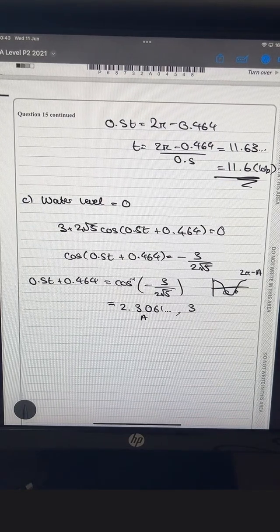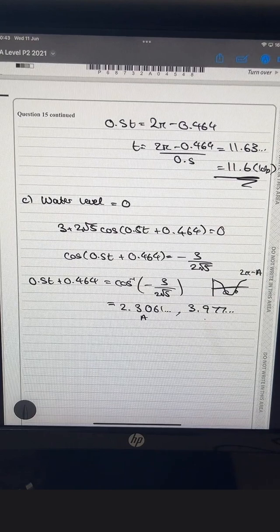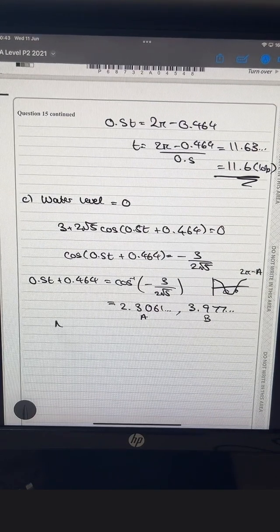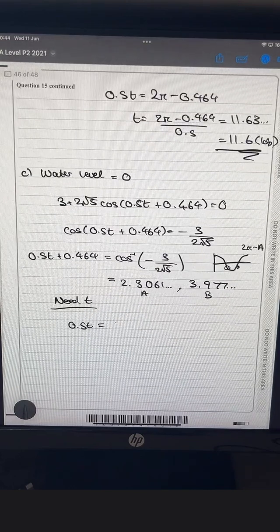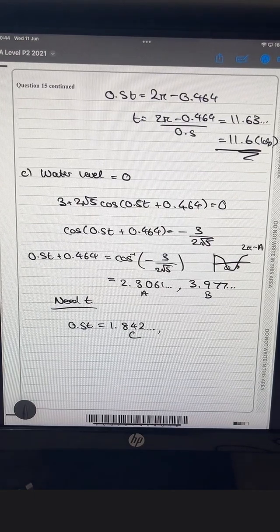I'm going to store that as B. So now I need t. 0.5t is equal to these values, and I'm going to subtract 0.464 from them. I get 1.842, and so on, and I'm going to store this as C. If I subtract from the other one, I get 3.513, and so on. I'm going to store that as D.